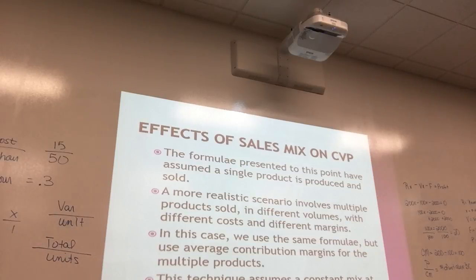Now, we've assumed that we're dealing with single products. More realistic involves multiple products sold with different variables, different amounts, different fixed costs, different margins. We use the same formula and use average contribution margins for the multiple products, and this technique assumes a constant mix at different levels of total sales.